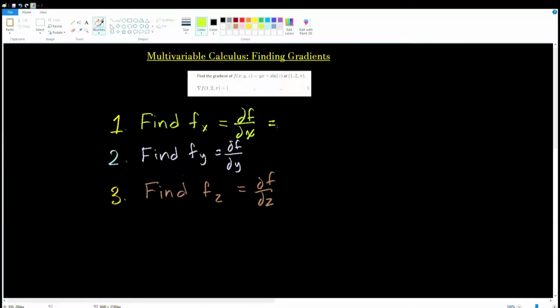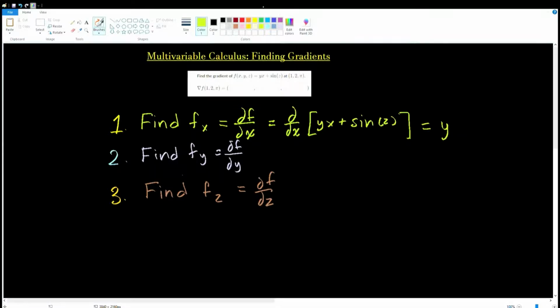This equals d over dx of yx plus sine of z. What's the derivative of x? That's 1. And y times that 1, since y is a constant, would just be y. Sine of z is a constant, and the derivative of a constant is 0, so we're just left with y.